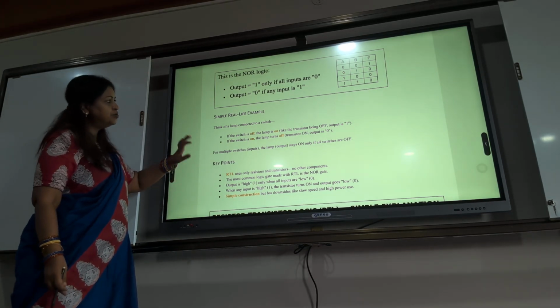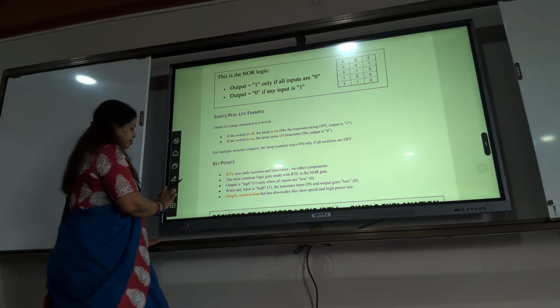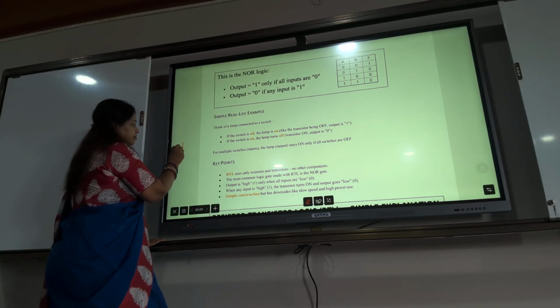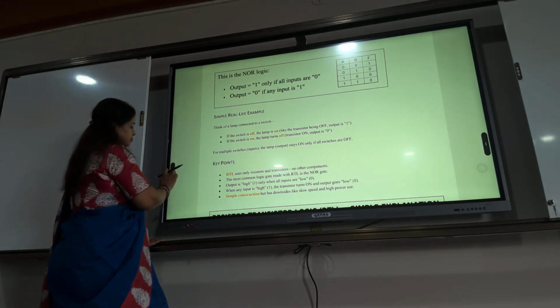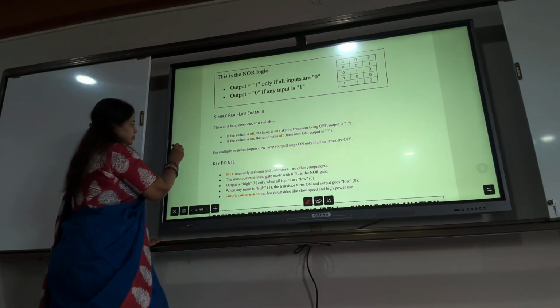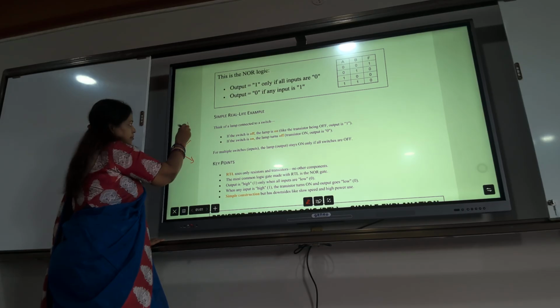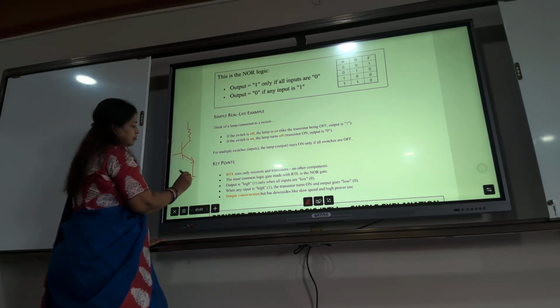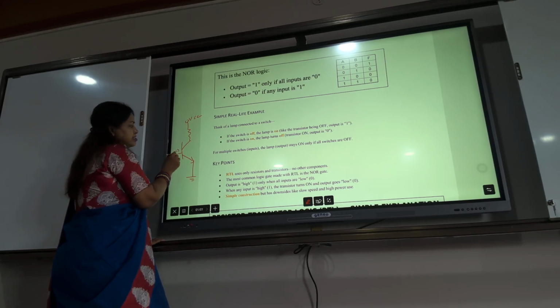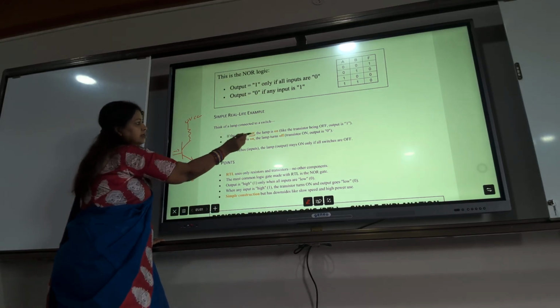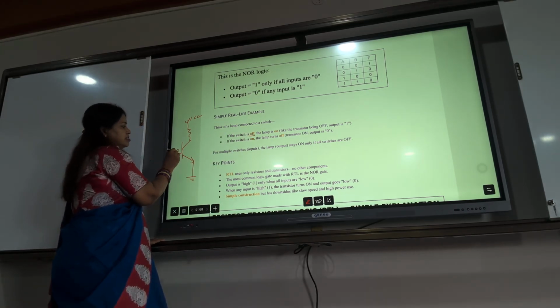So here we are going to use an NPN transistor. Suppose the switch is off, that means the transistor is not conducting.